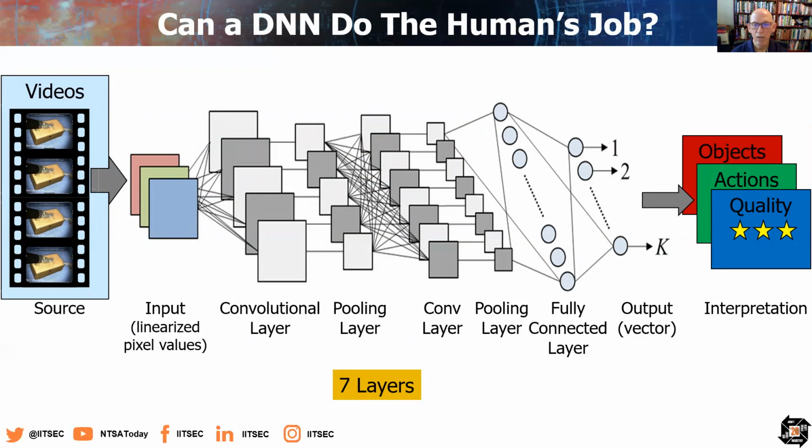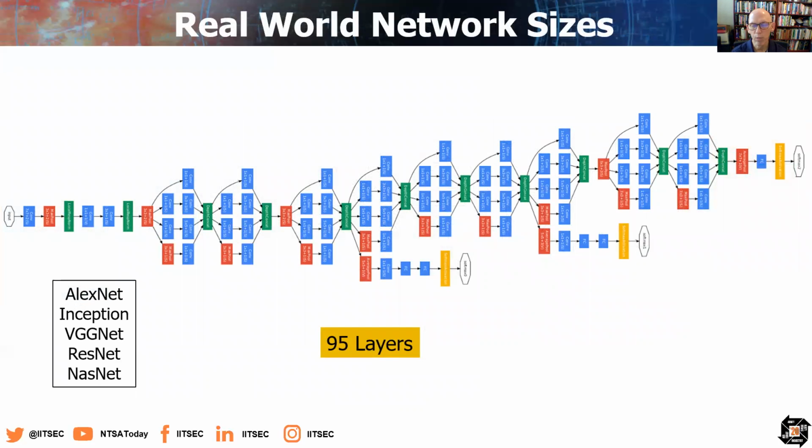This 7-layer network is typically found in textbooks and courses about neural networks, convolutional neural networks. But if you want to do a real study, a real problem with video, you really need to use a much more complex network. And so a network that is built to handle video is usually not 7 layers deep, but something like 95 or 100 layers deep.